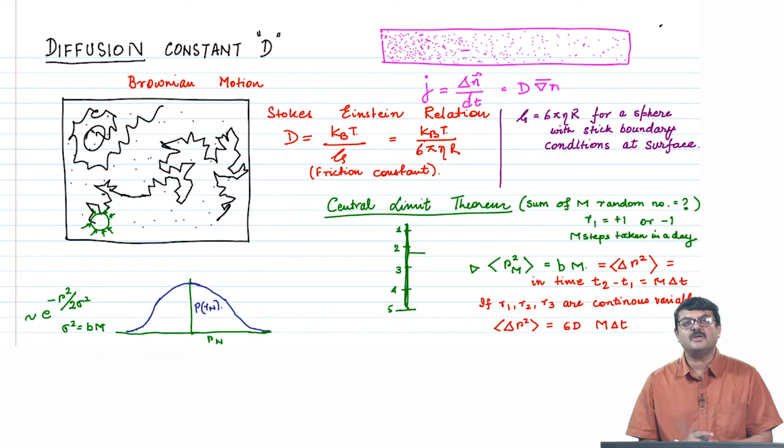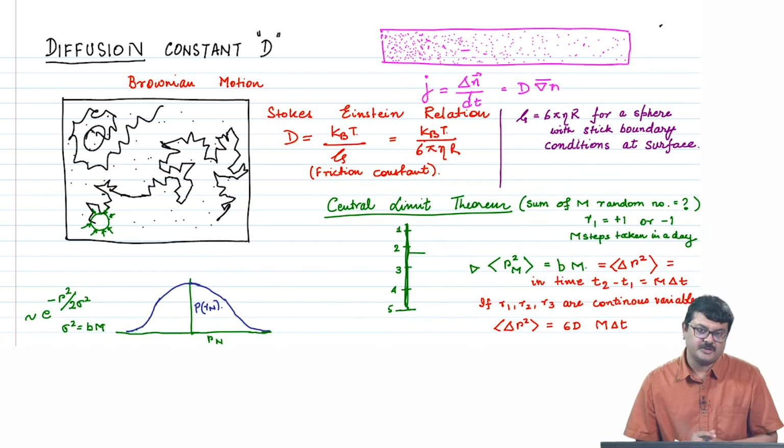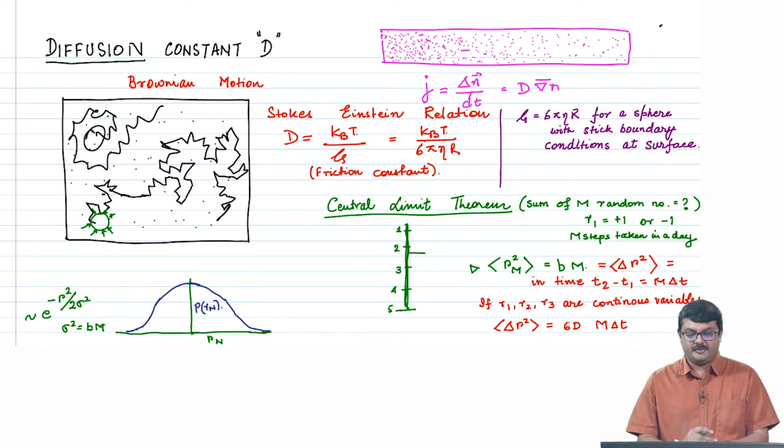So, the quantity to calculate is not the net displacement, but the net displacement squared, because if some particles are moving in the negative direction and others in the positive direction, then when you take the displacement squared, both negative and positive give a contribution, and you can calculate how much the average net displacement squared has been in time t.